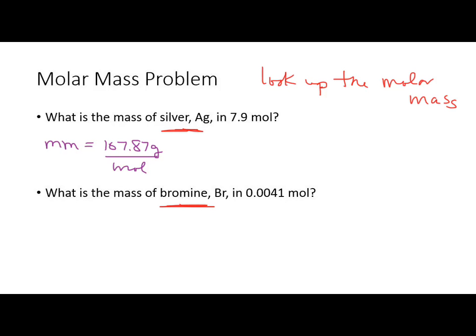Does this make sense? So we have 7.9 moles. And if each mole weighs 107.87 grams, doesn't it seem like I just take 107.87 times 7.9? That's totally right. And I'll show you what that looks like using the factor label approach. The number that you start with is going to be here, 7.9 moles over 1. That's the thing you want to convert.